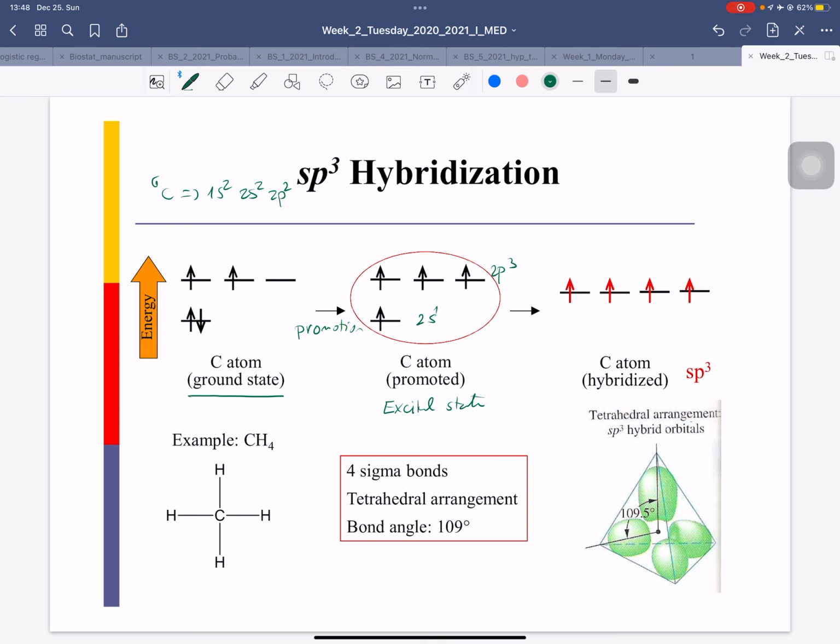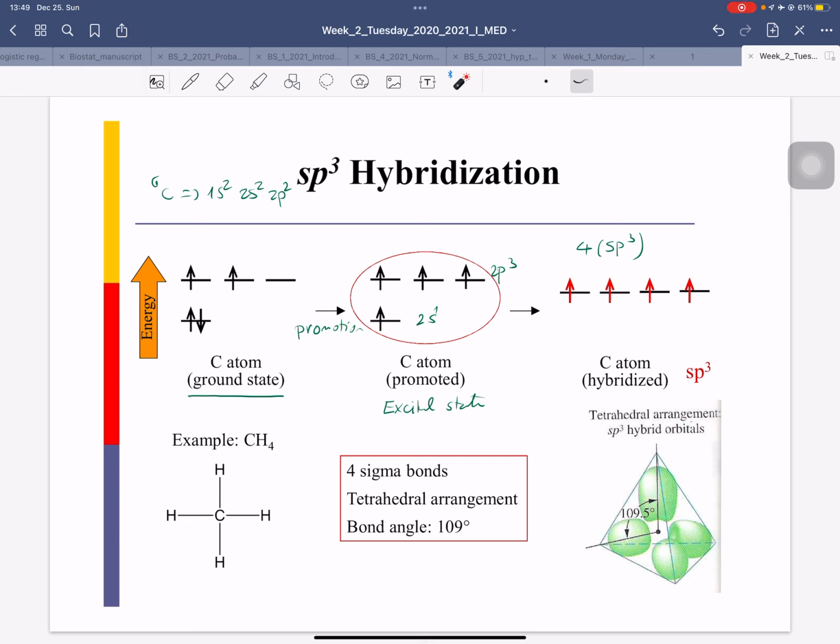Now, if we do hybridization of all of these orbitals, 1s with 3p, we can produce 4 sp3 orbitals with the same shape, and in space, in 3 dimensions, we have a tetrahedral shape for sp3, and the angle is 109.5.